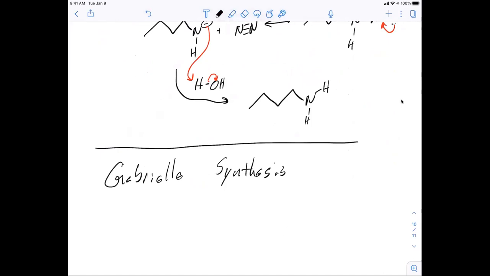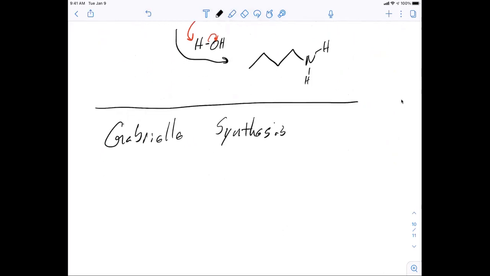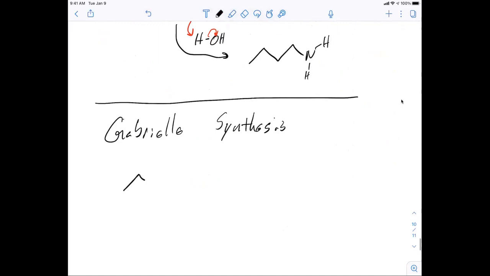Another primary amine reaction is Gabriel synthesis. Gabriel synthesis uses a succinimide. So this is not N-bromosuccinimide, this is just succinimide. We add a base like potassium hydroxide.